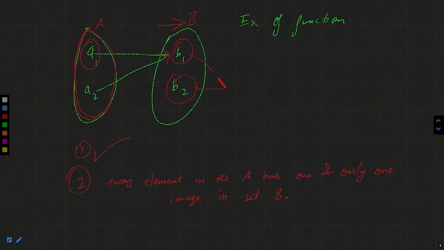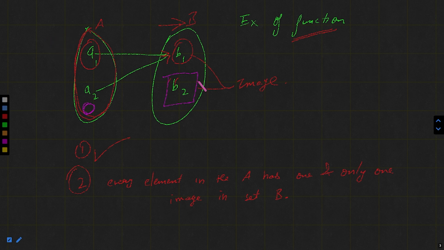B1 is an image of A1 and B1 is also an image of A2. Here B2 is not related to anyone. This can happen in functions. But it cannot happen that an element in A is not related to some element in B.